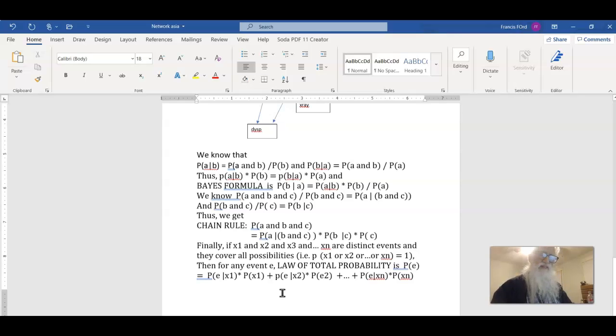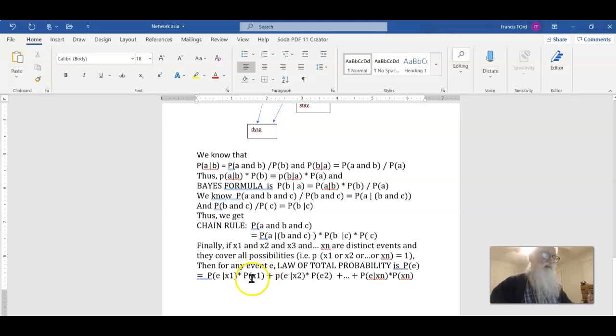If you have a set of events that are distinct, they don't overlap, and they cover everything, every case in your entire universe fits into one of those categories, then the law of total probability says that you can compute the probability of any event by getting the probability of that event conditional on each of these, times the probability that each of these is likely to happen.